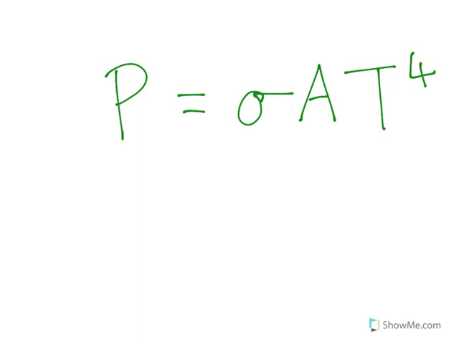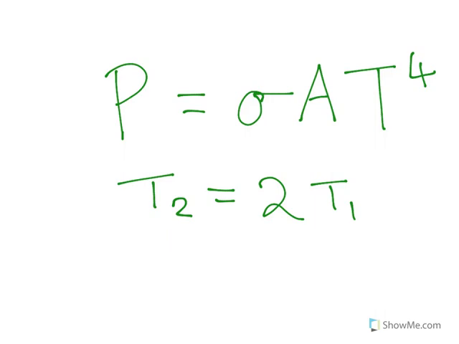So what if we have two stars where one star has twice the temperature of the other? So T2 is equal to 2 times T1. How does P2 compare to P1?